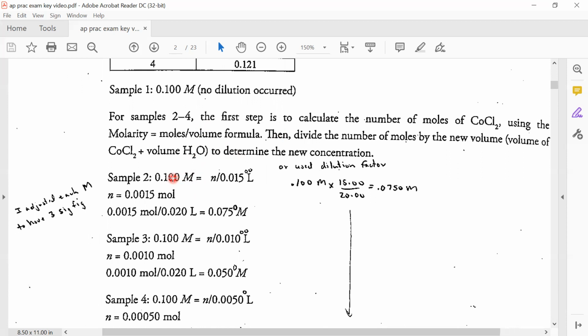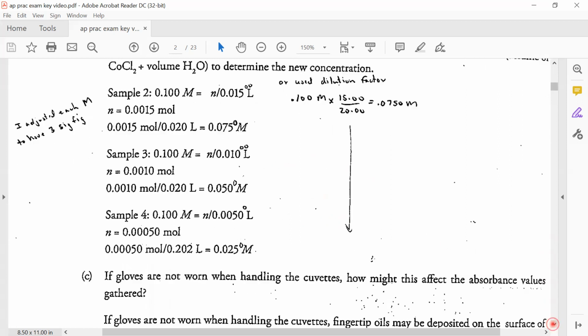I think the easiest way is to go through dilution factor. 0.1 times 15 over 20 gives me 0.075. If I did the same thing for number 3, it'd be 0.100 times 10 over 20, which is 0.0500, and 0.100 times 5 over 20 gives me 0.0250 molar. All right, so that is what I did for that question there.